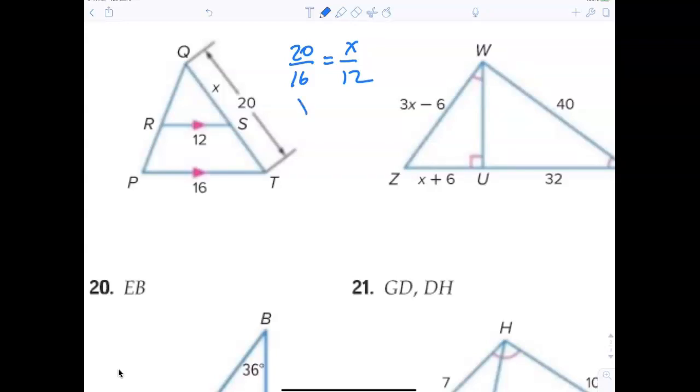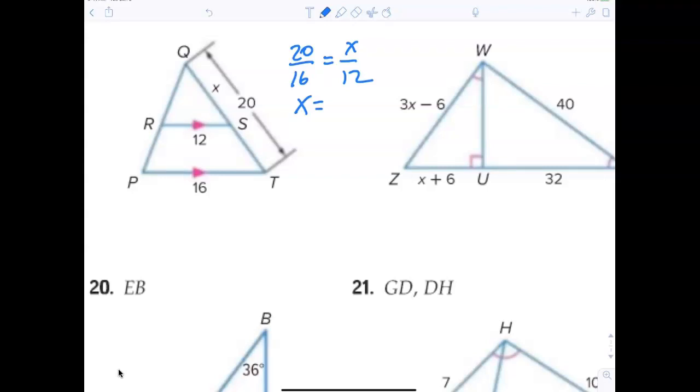Somebody tell me. I want to know the answer. Somebody said 16. I don't think it's 16. I got 15, guys. Is that right? 15? Oh, come on now.